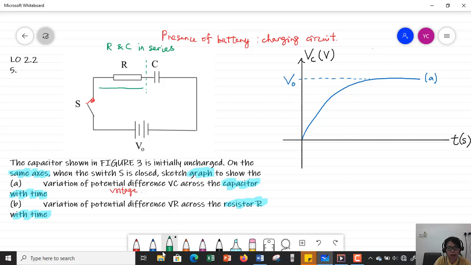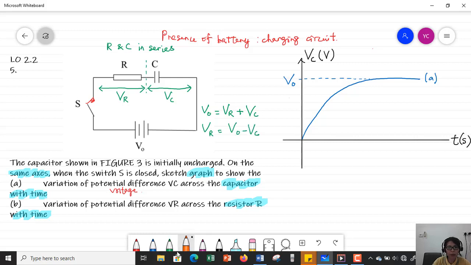Some is given to the resistor and some is given to the capacitor. So the voltage of the battery is the voltage of the resistor plus the voltage of the capacitor. If I rearrange the equation, the voltage across the resistor will be V0 minus Vc.